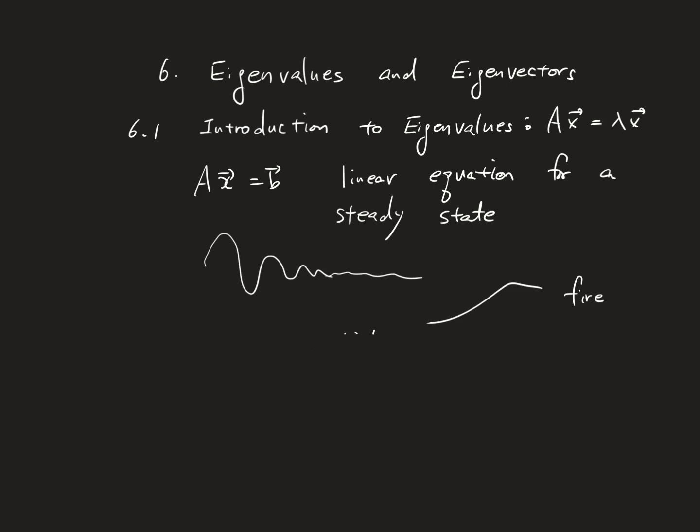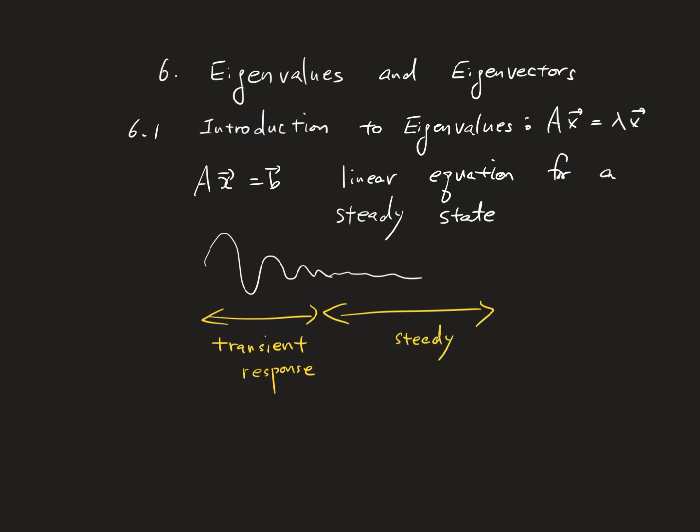in many systems, you have a transient when something happens, when you throw a battery, or any kind of impulsive attack to a system, and you get a transient response, and then you reach a steady state response.